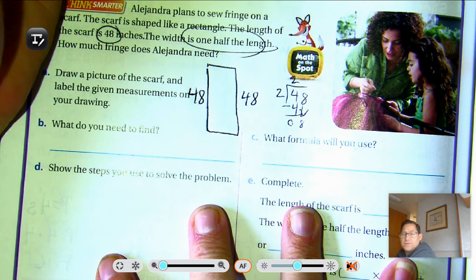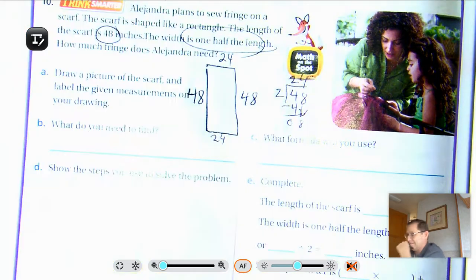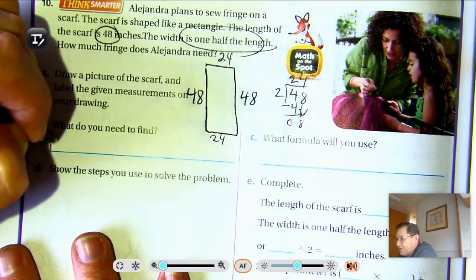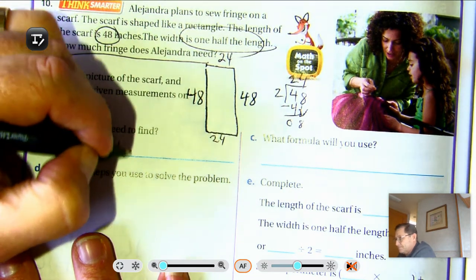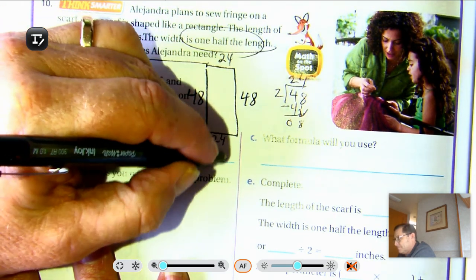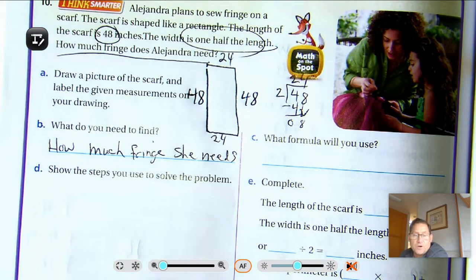All right, so 24. All right, so those are our measurements. What do we need to find? We need to find how much fringe she needs. Show the steps you use to solve the problem.